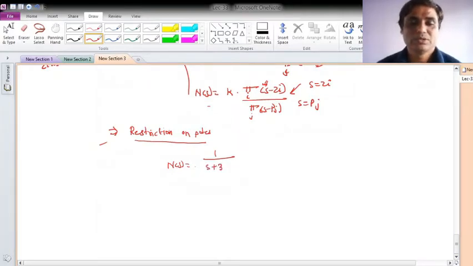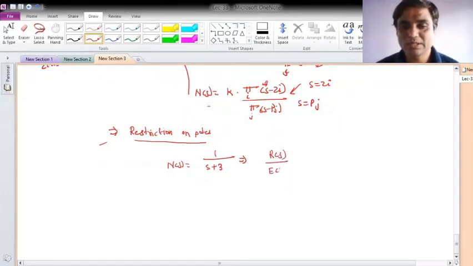This can also be written as the ratio of response R(s) upon excitation E(s), which will be 1 over s plus 3, right? And then I want the response in the time domain. So R(s) can be written as 1 over s plus 3 into E(s), right?